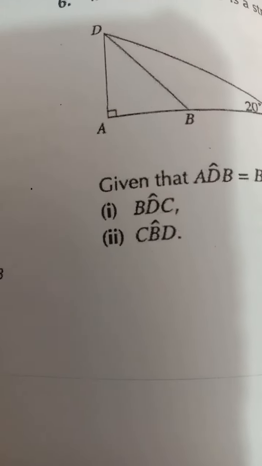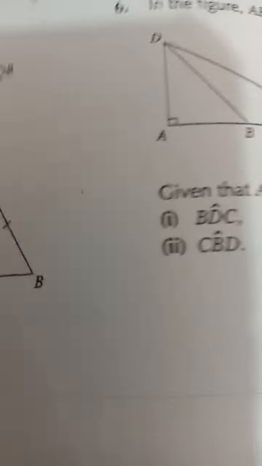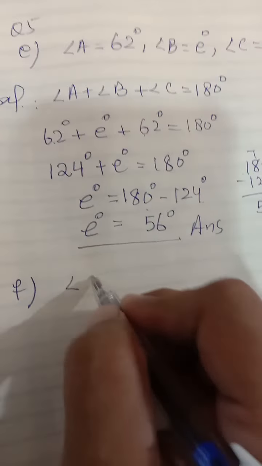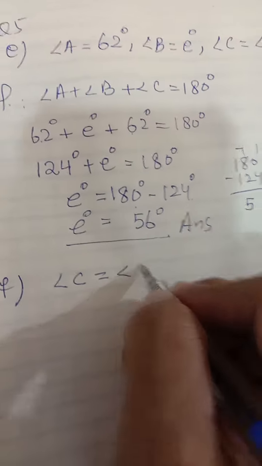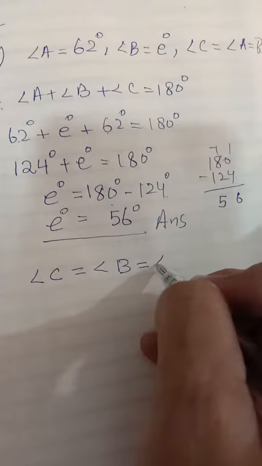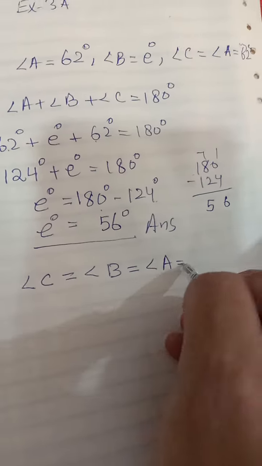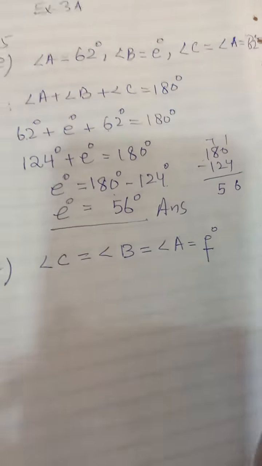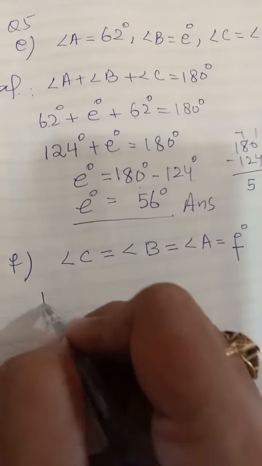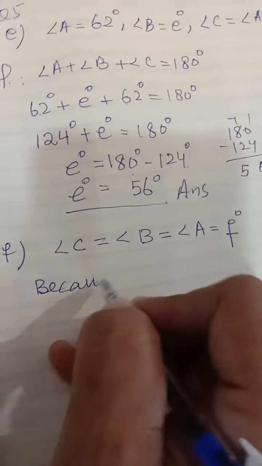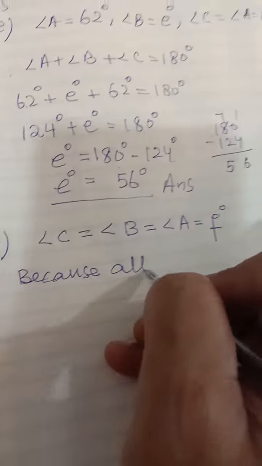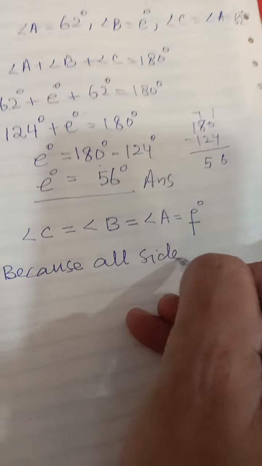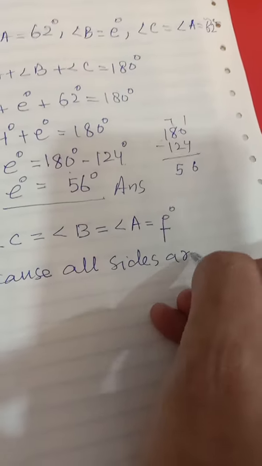So if angle C is F, then A will be equal to C and B is equal to C. All angles are equal here. So we will write F. Angle C is equal to angle B and is equal to angle A, which is equal to F, because all sides are equal.